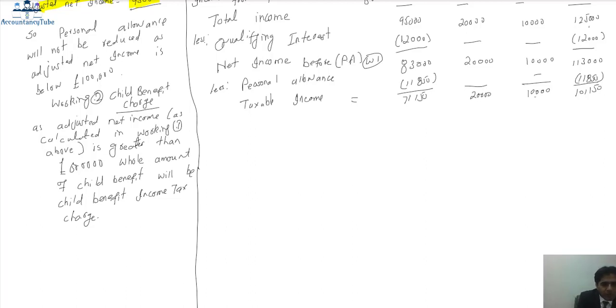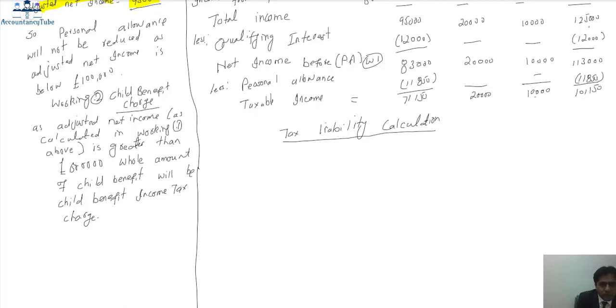Right, so taxable income. Now we have to calculate the tax liability. Tax liability calculation.